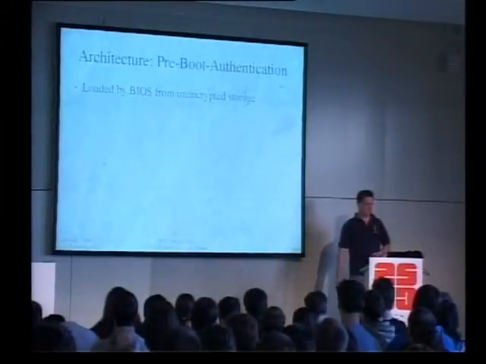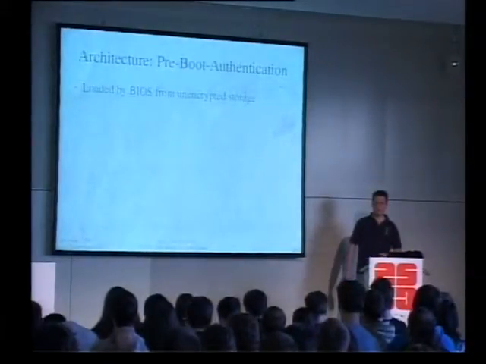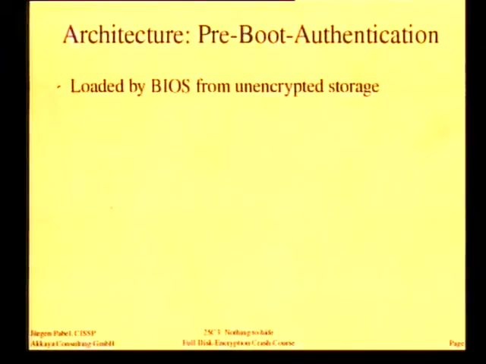And this pre-boot authentication environment does just that. It gets loaded by the BIOS from unencrypted storage. In most cases, this will be your MBR on your hard drive and some other area, because the MBR is not big enough.